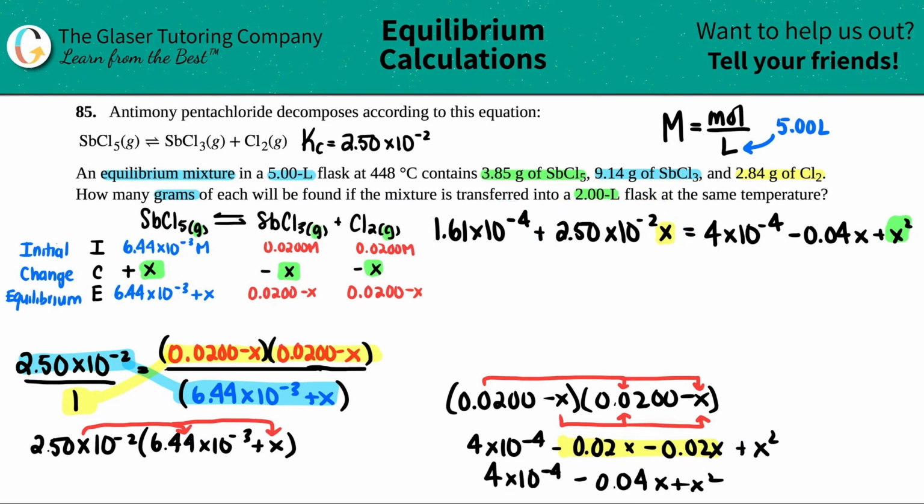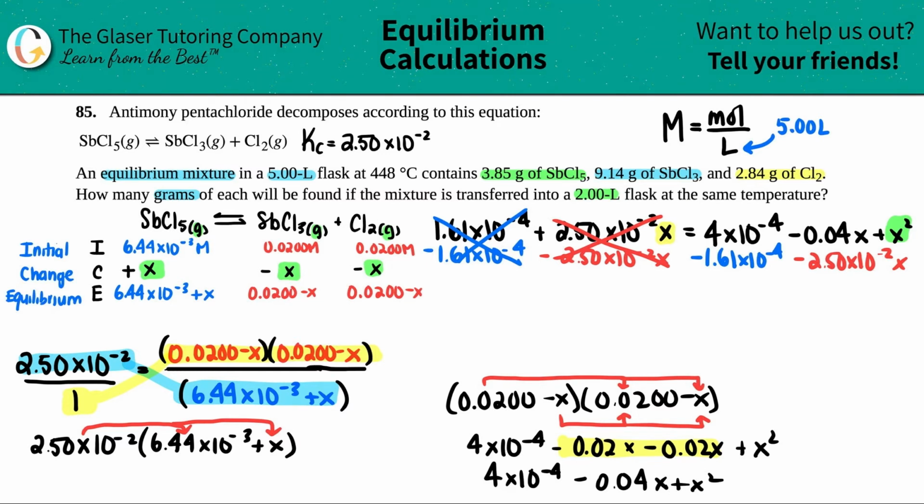By doing that, I would have to subtract 1.61 times 10 to the negative 4th, and that will go over here, minus 1.61 times 10 to the negative 4th. That will cancel this out. And then I have to subtract 2.50 times 10 to the negative 2nd x. So minus 2.50 times 10 to the negative 2nd x. And we now have everything on the one side.